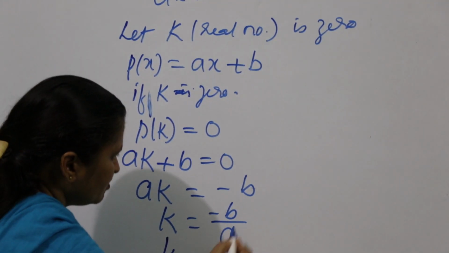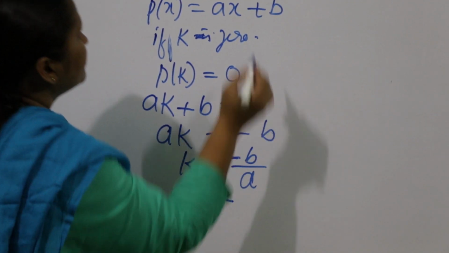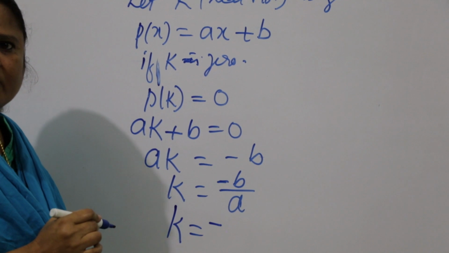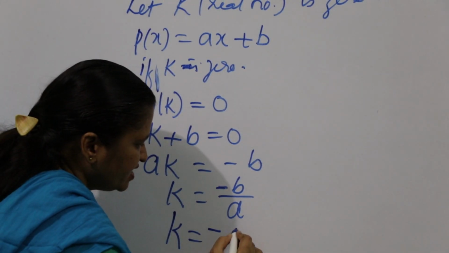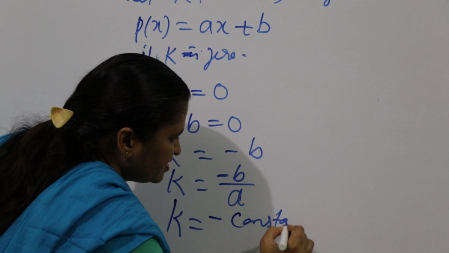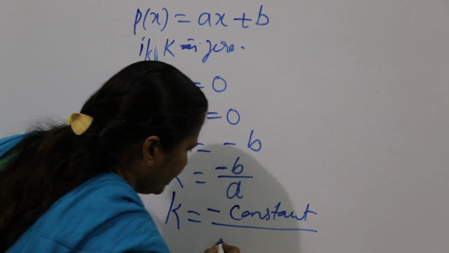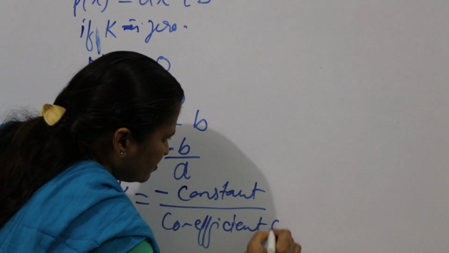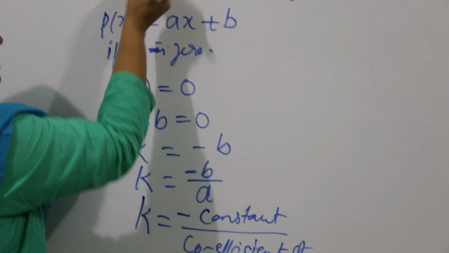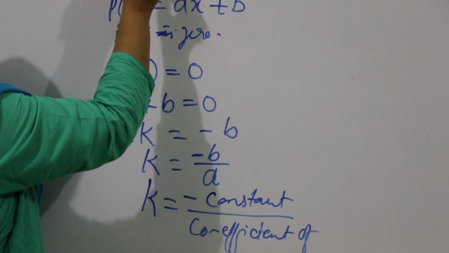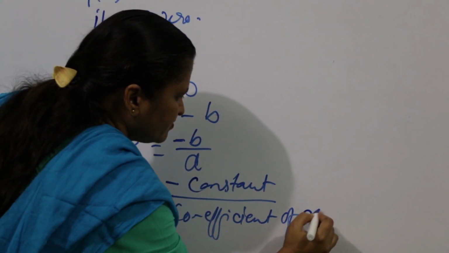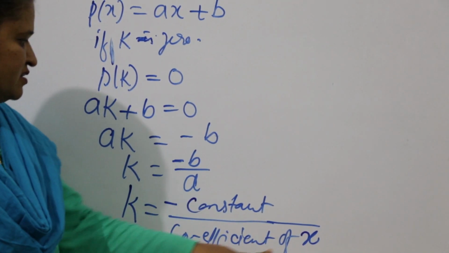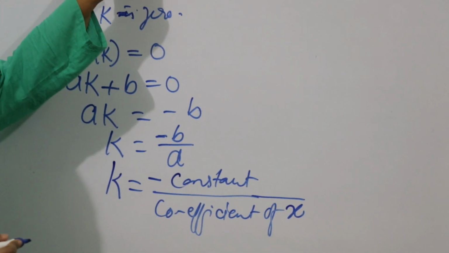Which means minus b. b is the constant in this linear polynomial. Which means minus the constant divided by the coefficient of x. a is what? The coefficient of x.